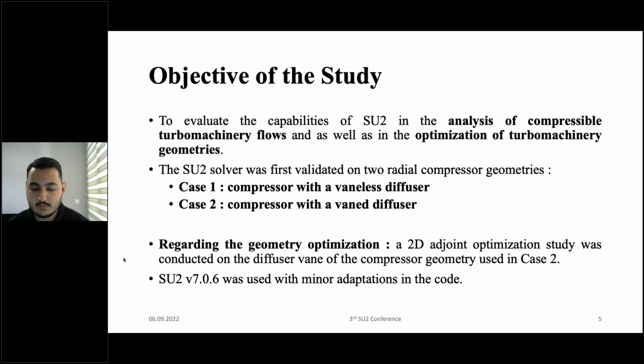Regarding the geometry optimization, a 2D adjoint optimization study was conducted on the diffuser vane of the compressor geometry used in case 2. I have used SU2's version 7.0.6 with some minor adaptations implemented by myself.